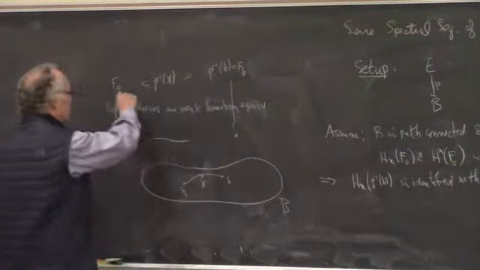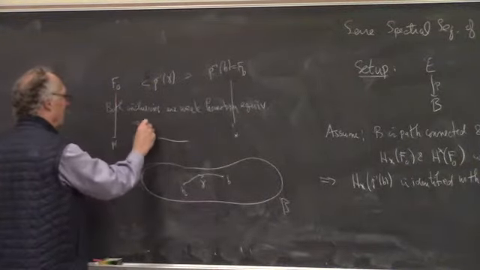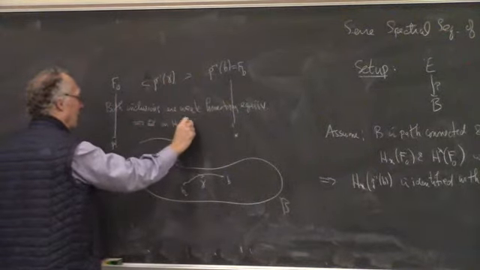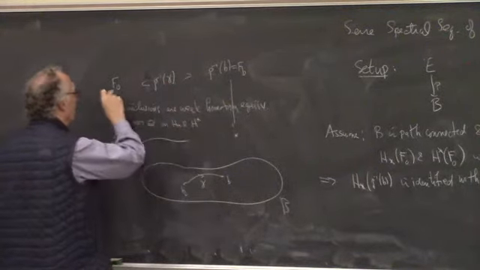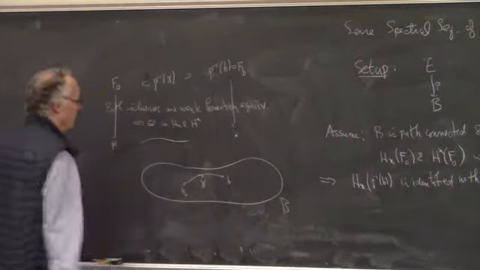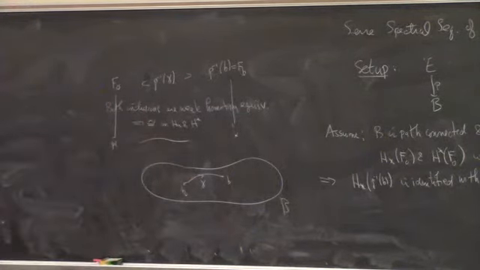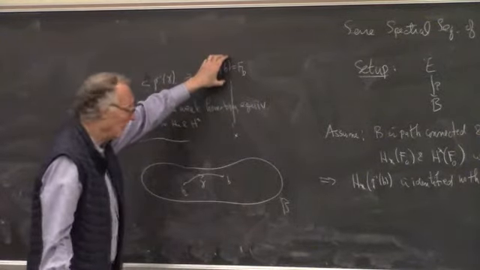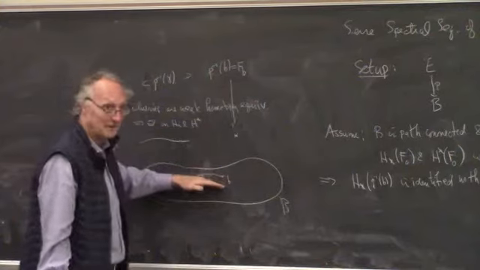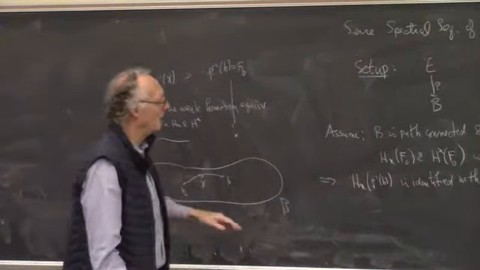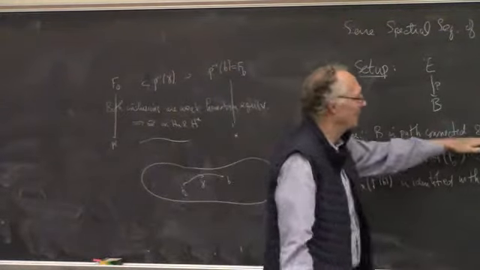So once it's a weak homotopy equivalence, that implies it's an isomorphism on homology and cohomology. So this is an isomorphism, this is an isomorphism, so you get an isomorphism between the two passing through gamma. To do that, in general, you need to choose a path. But now I want to invoke my hypothesis that the fundamental group acts trivially.